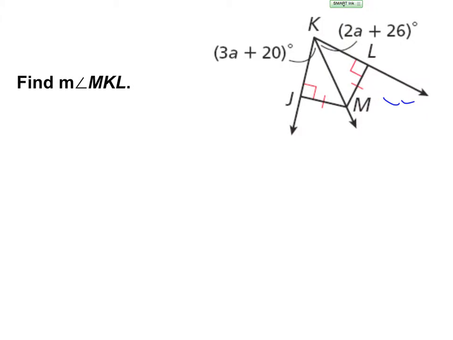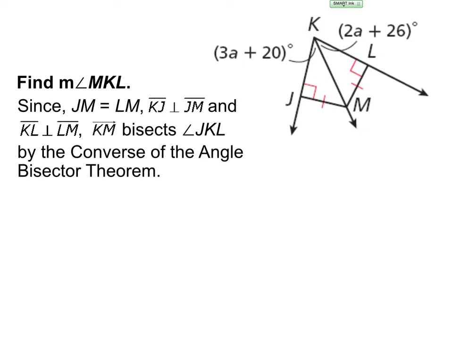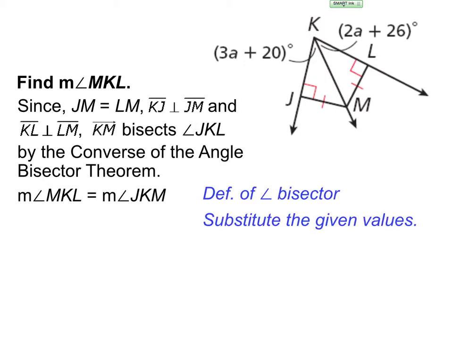And for the angle one here, converse theorem again. So they would be equal because it would bisect. So I think you know how to set those equal and solve.